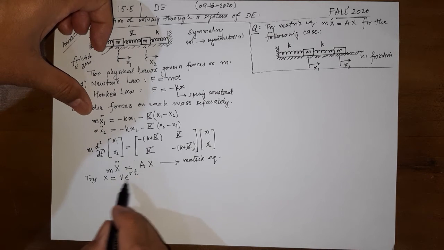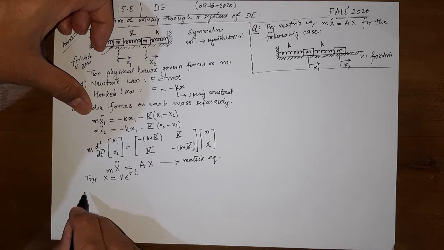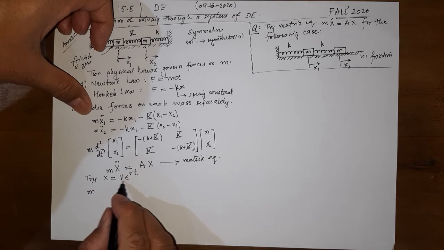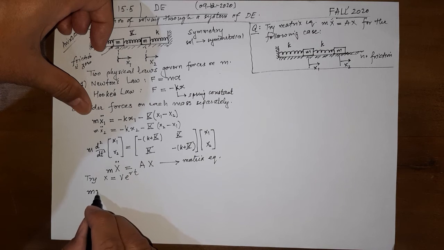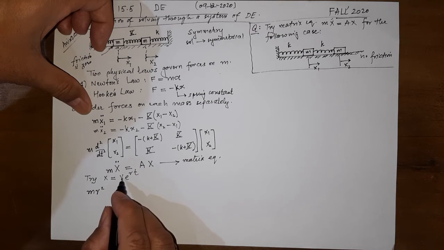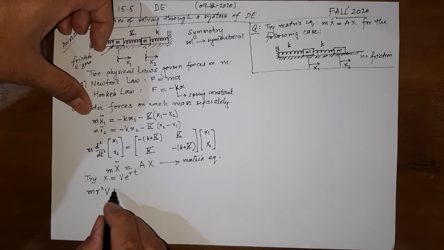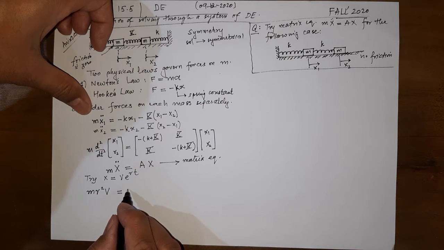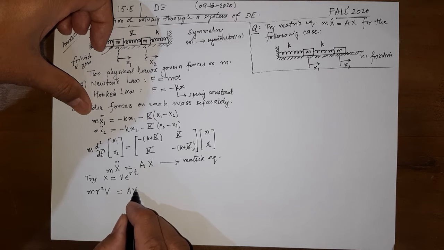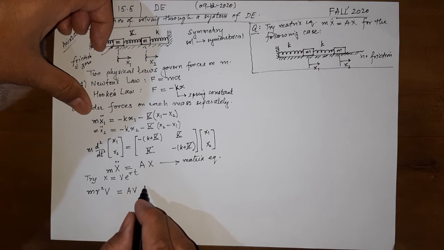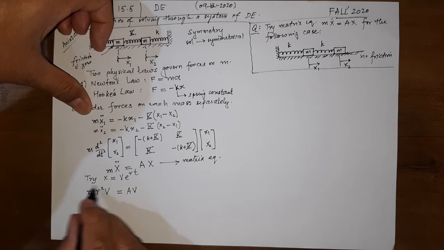If this is a solution and we put it in this equation, it should satisfy it. The double derivative of this is going to give us m r square v, e raised to the power rt will cancel, and here we are going to get Av, with e raised to the power rt cancelled as well.